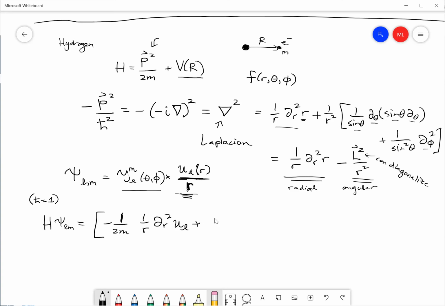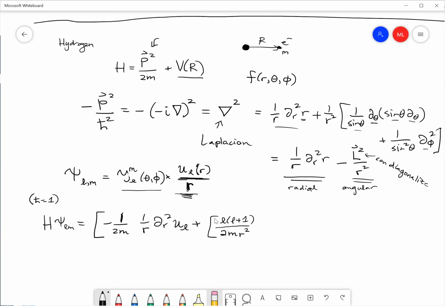Then you have this L squared over r squared business. But we know the eigenvalues of L squared, that's just L(L+1). So there's an L(L+1) over 2m. That just comes from the p squared over 2m. And then there's a little r squared here.